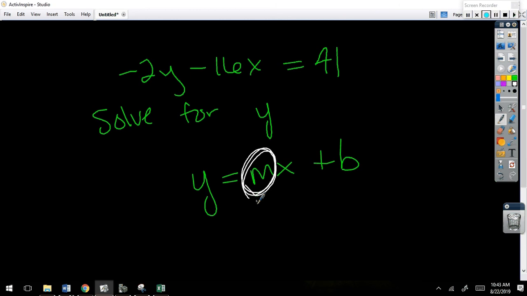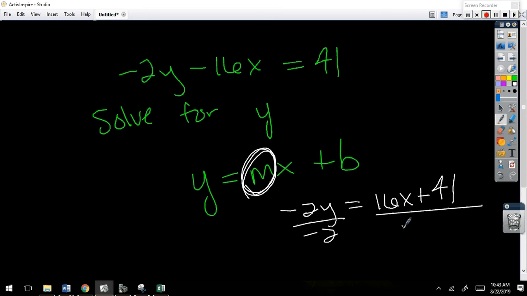Right? You solved it for me? Negative 2y equals 16x plus 41. So what's the slope on this one? y equals negative 8x. So what's the slope? Negative 8. You remember now?